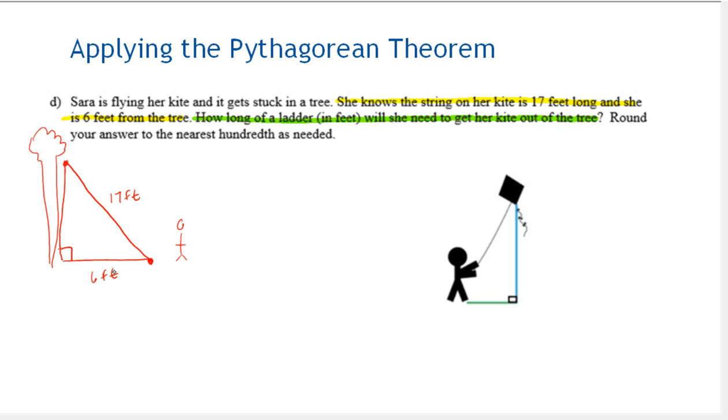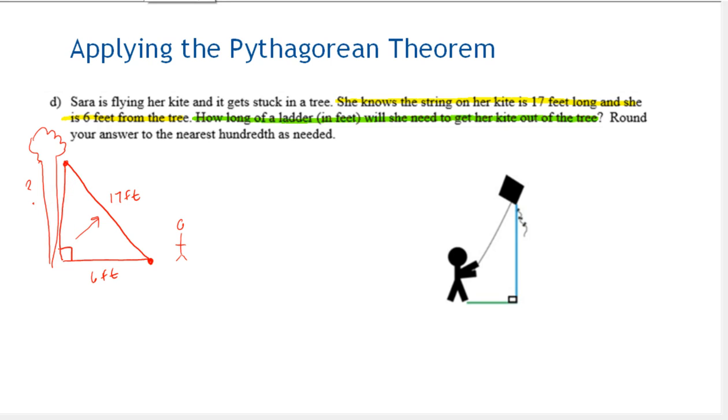Okay. And we want to find how tall of a ladder she needs. So basically the height of this tree, to get right up here to get the kite out. So notice we have the hypotenuse here, and the height of the tree, the ladder we need, is a leg.